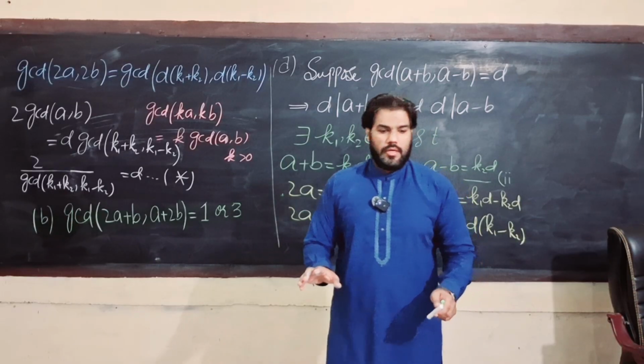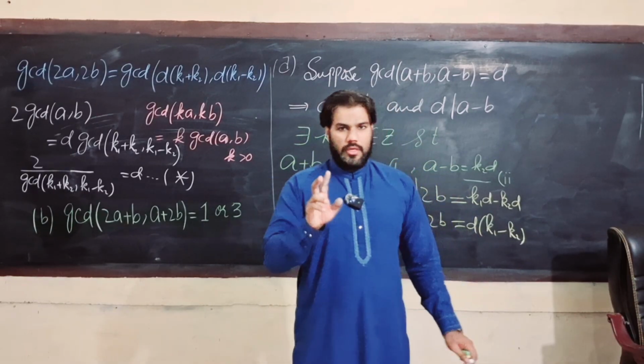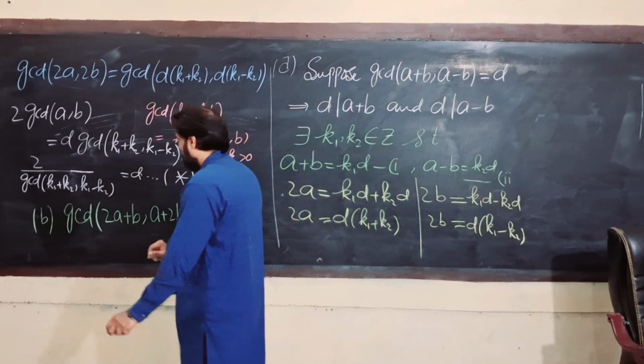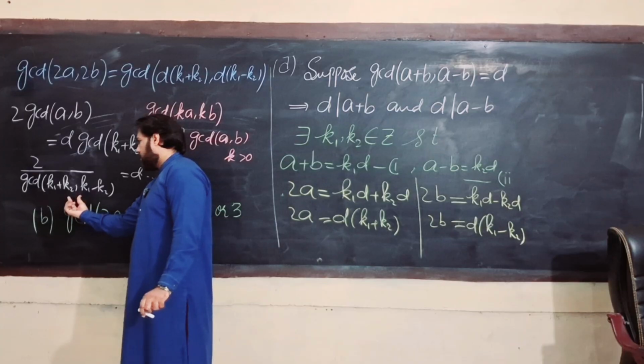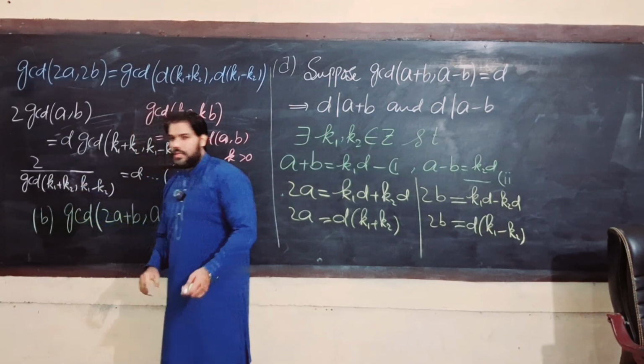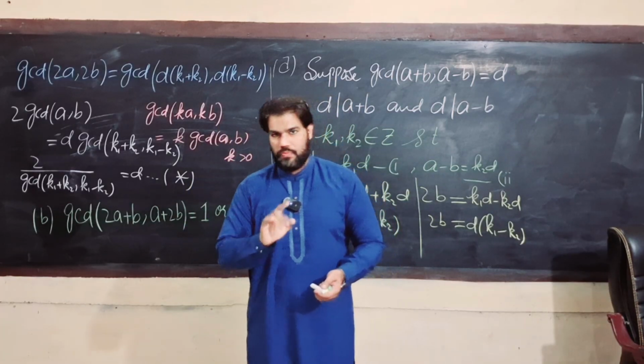This is not a fraction, not any real number. This is just an integer which has values 1 or 2. Now this is possible if the denominator exactly divides 2. The positive divisors of 2 are only 1 and 2.